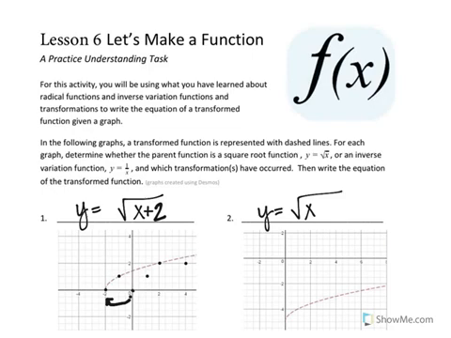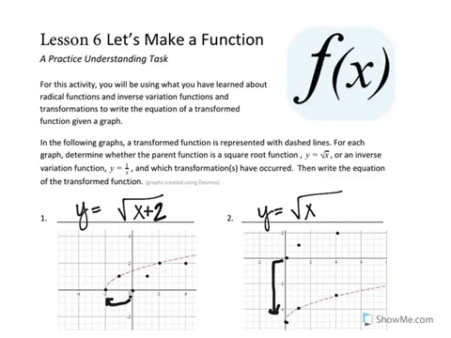The next one, again, we're going to have those same starting points, 0, 0, 1, 1, and 4, 2. And if we look here, we can see a downward movement to what appears to be -5, 0. And if I go over 1, up 1, over 4, up 2, I can tell that there's no vertical stretch or compression.